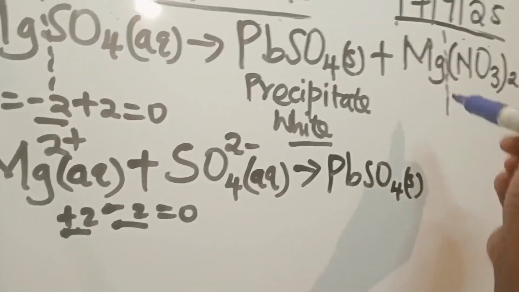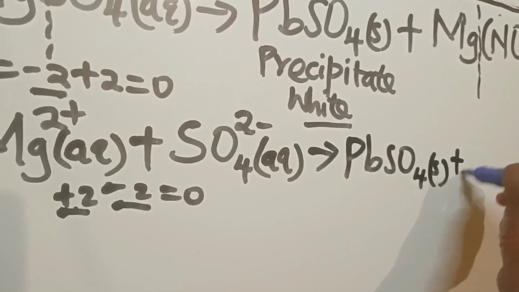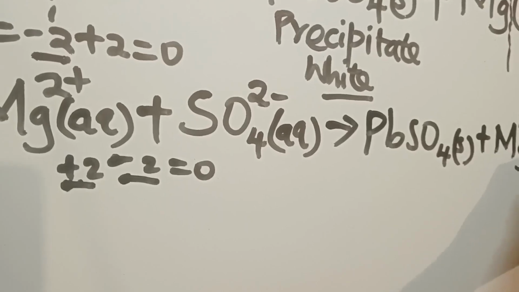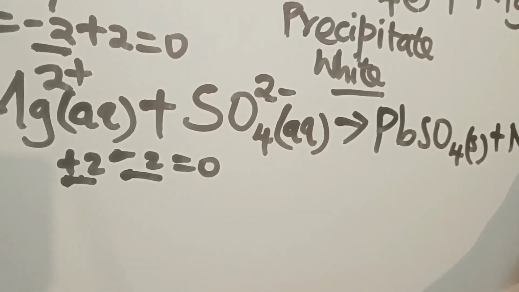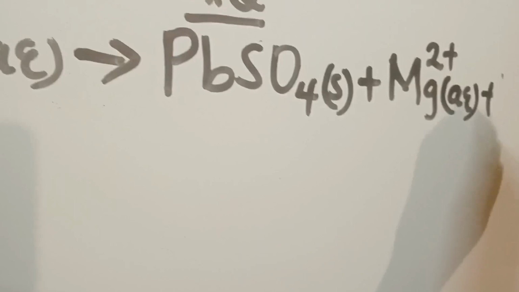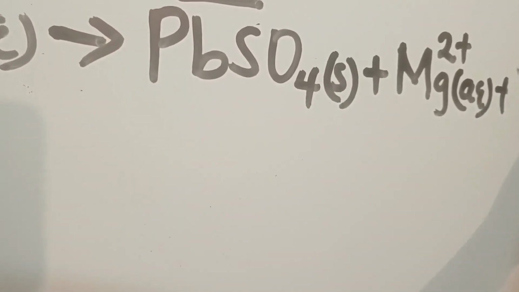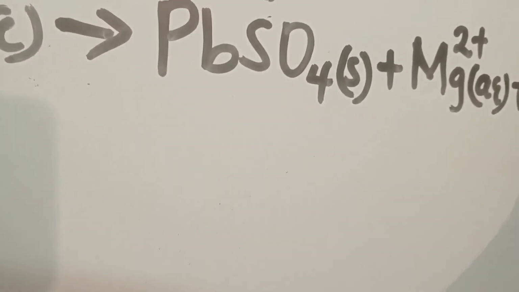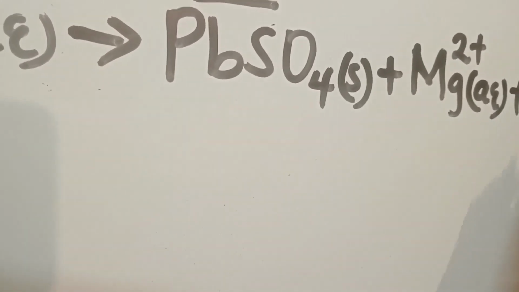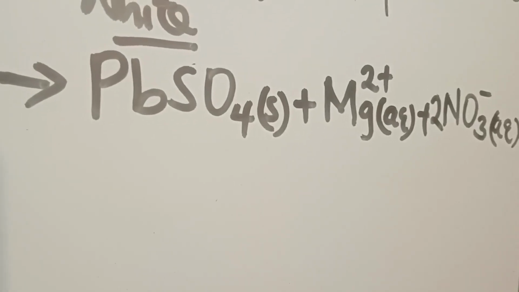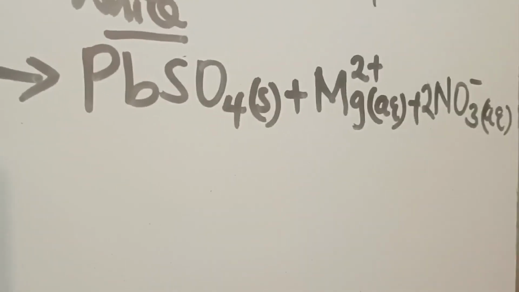Then we go to magnesium. Magnesium with a 2 positive, aqueous, and the nitrate ion. It is in the aqueous state and we have 2 of them. So once you write it like that, you then check on the balancing of the ions.